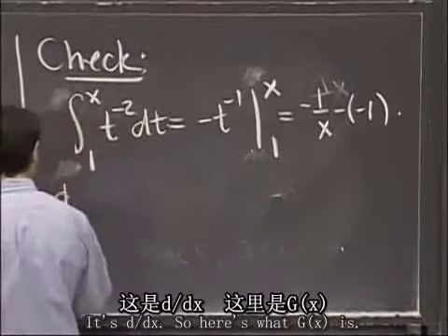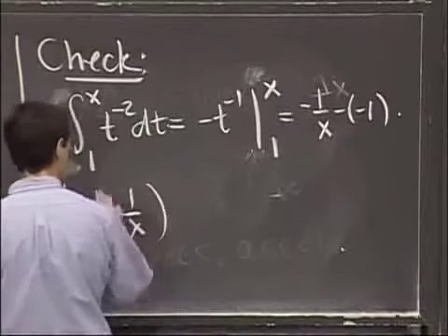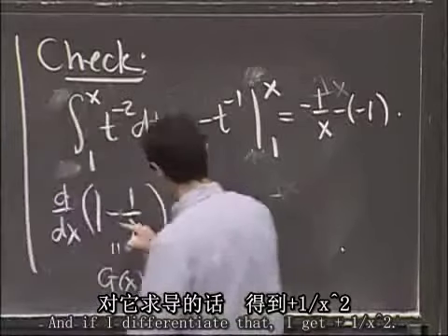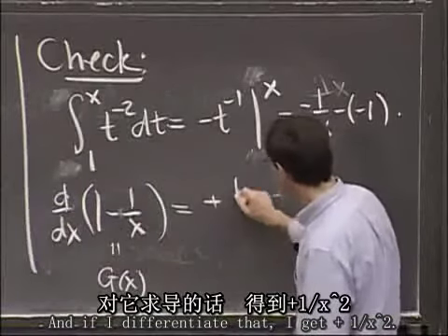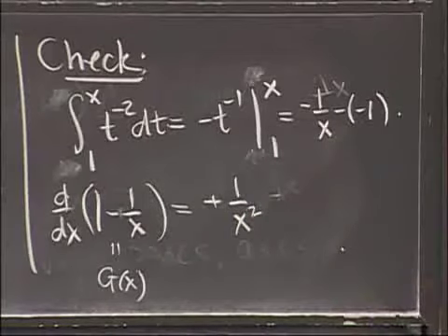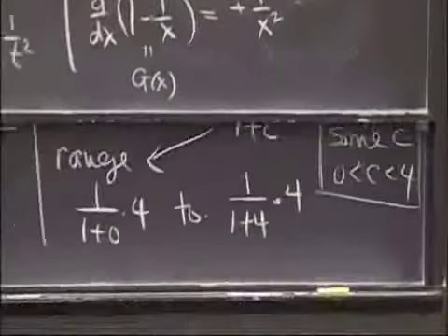It's d by dx. So here's what g of x is. G of x is 1 minus 1 over x. That's what g of x is. And if I differentiate that, I get plus 1 over x squared. That's it. You see the constant washed away.